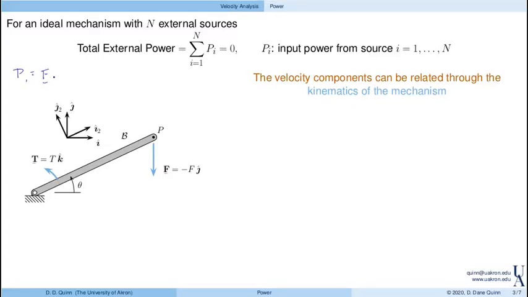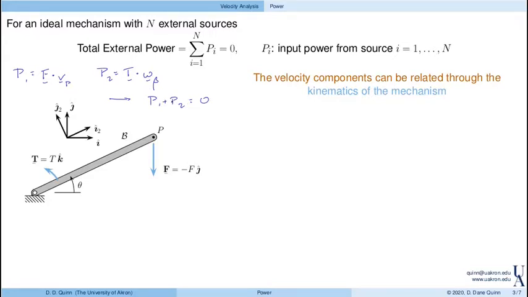And so that's going to be F dot the velocity of the endpoint, P. The power from the torque will be P2, so that's going to be the torque itself, dot the angular velocity of the bar. And again, that implies that P1 plus P2 equals 0.